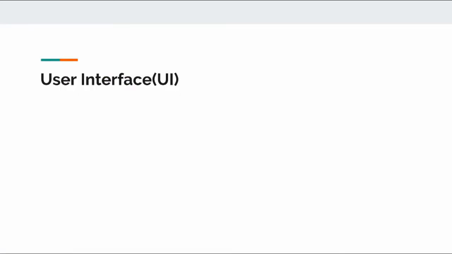User interface. You are very familiar with the word UI, and that stands for user interface. It is a medium between user and computer. Now you are thinking that the operating system is also a medium between the user and computer, so let me clear that.